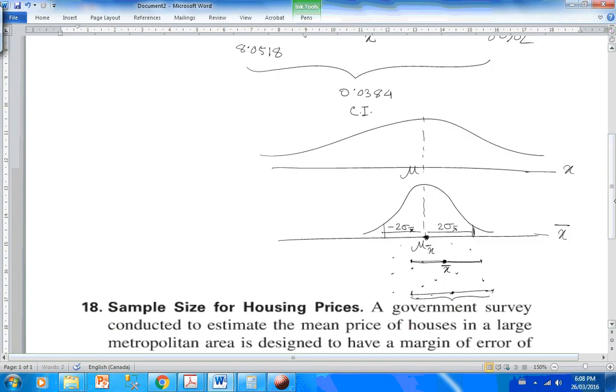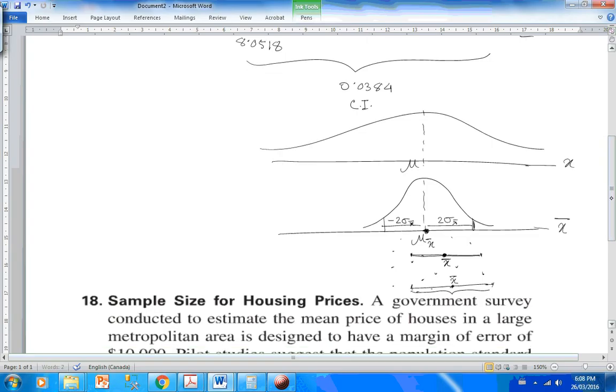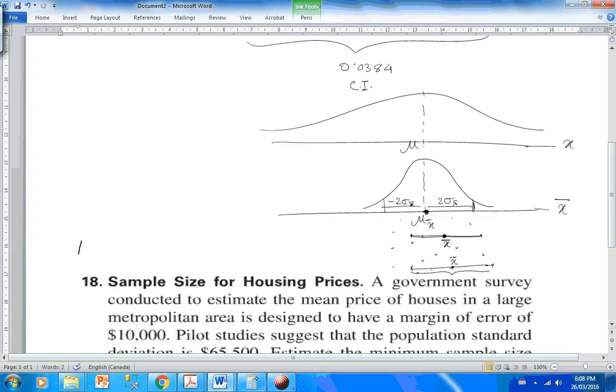So that's how we got this idea that within plus minus 2 standard deviations around the mean of my single sample, there's a 95% chance that the population parameter exists. So I hope that reviews some of the ideas that we learned before, and I'll come back with more answers for you later. For now, bye bye.